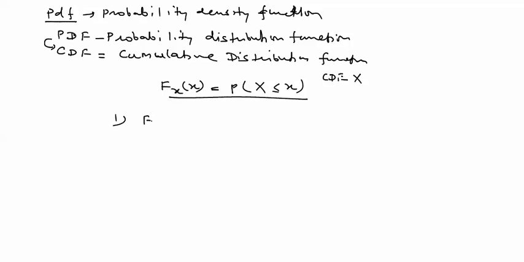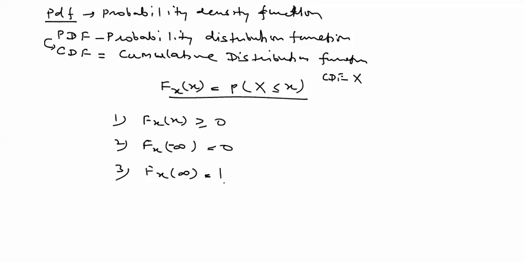Properties of CDF: it is always greater than or equal to 0, always a positive value. At minus infinity it is 0, because that is where it starts. At infinity it is 1, where it terminates, the maximum value.